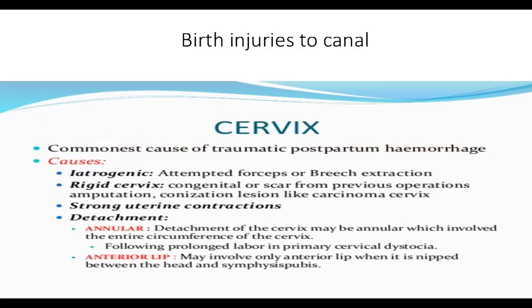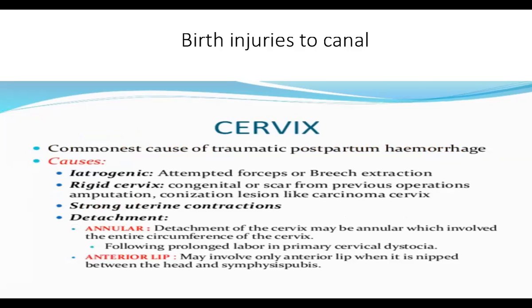And for the cervix, we are going here from below upward. The cervix is the commonest cause of traumatic PPH, that is postpartum hemorrhage. The causes may be iatrogenic. Sometimes the cervix is too rigid, which may be the cause.